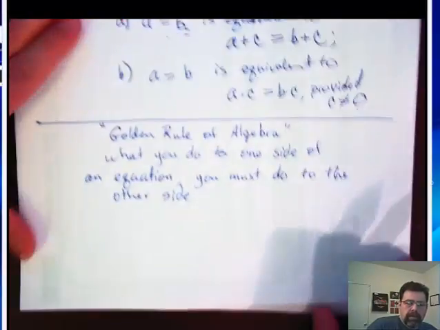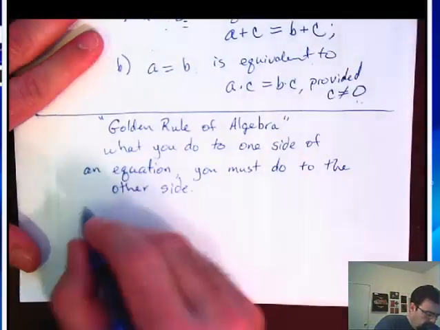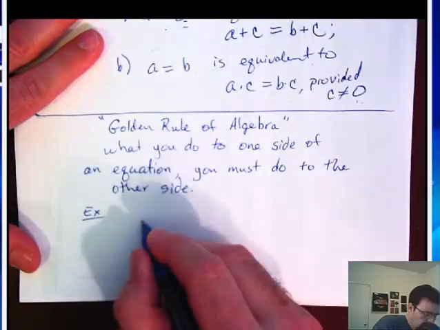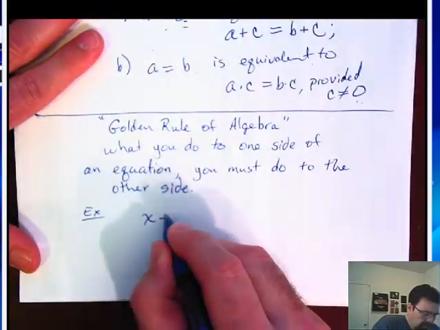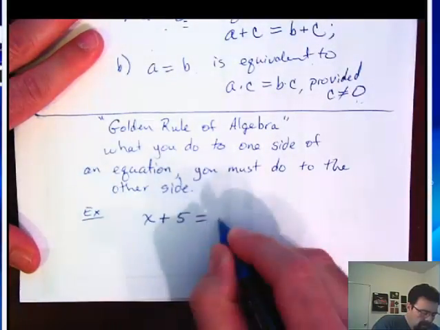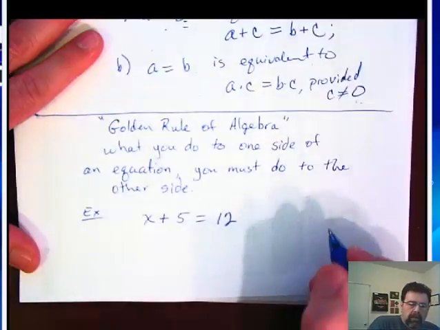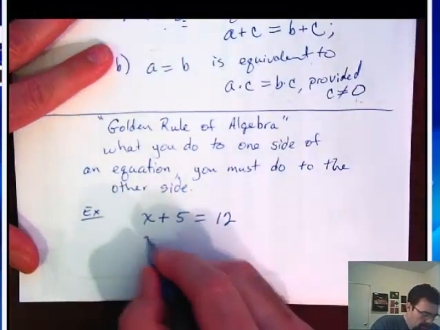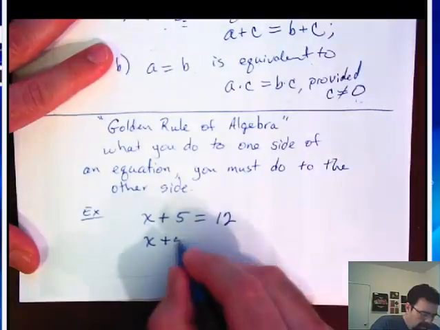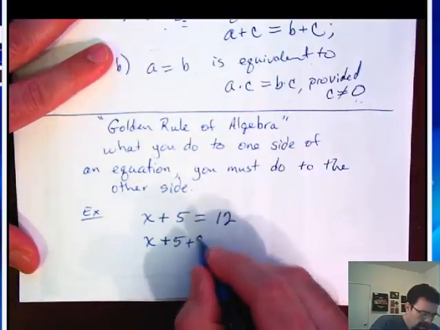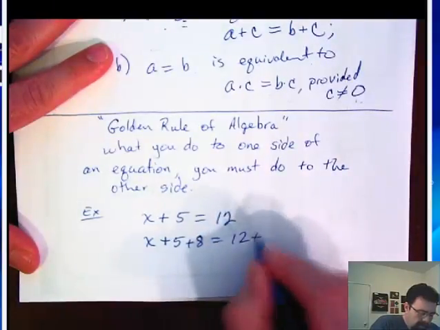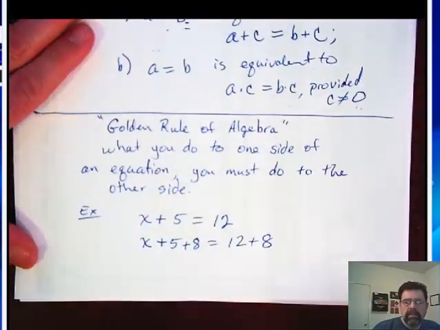So if we had an equation, x plus 5 equals 12, I can add any number I want to that equation as long as I add it to both sides. So these would be equivalent equations.